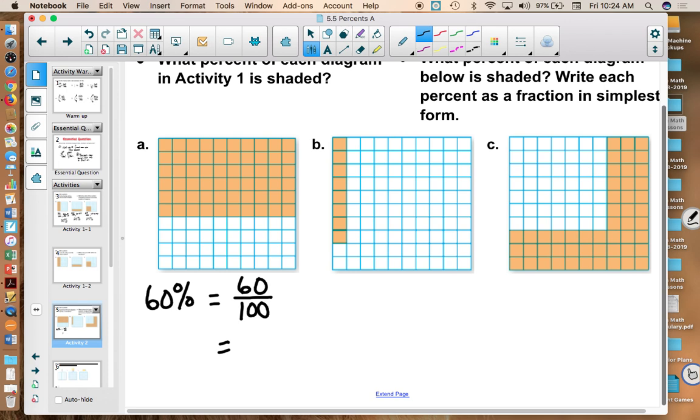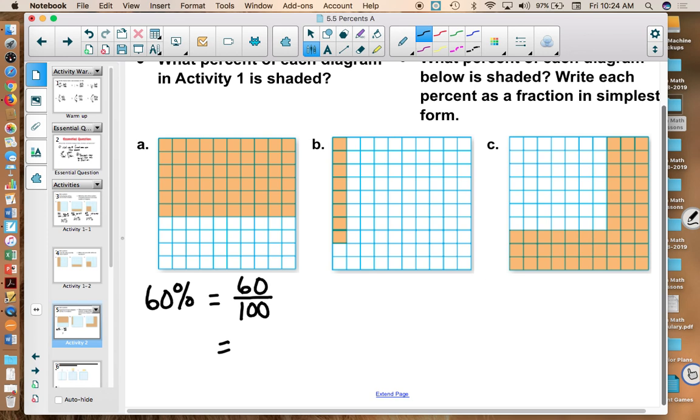Simplify it down as far as it'll go. There you go. And this honestly is one of our equivalents that we do all the time.